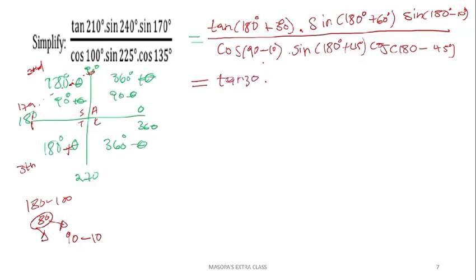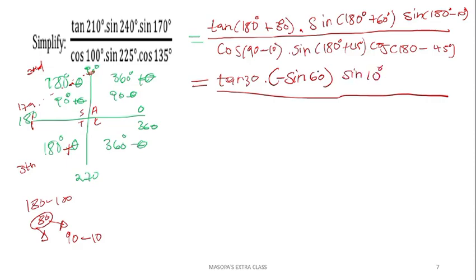Then sine 180 plus 60 is on your third quadrant, which means our sine is negative. So we have negative sine 60. Then sine 180 minus 10 is on the second quadrant, that means our sine is positive, so sine 10 degrees.